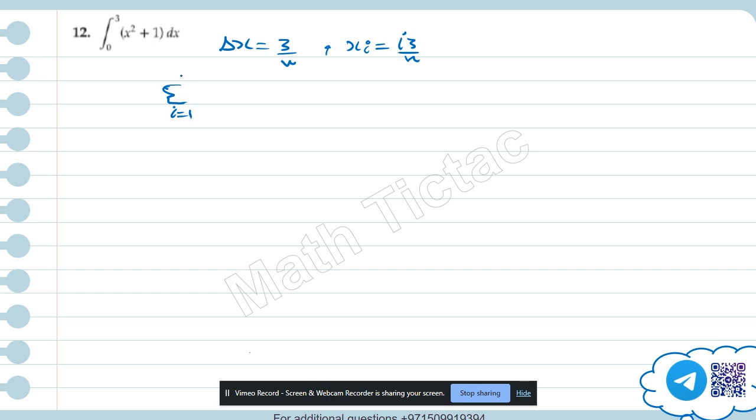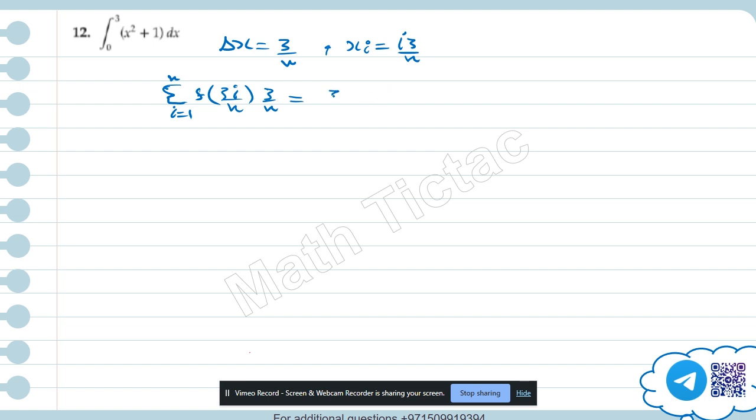Be careful, you have to be organized once you solve a question like this. So in here we can take 3 over n outside the sigma notation, i equals 1 to n. Now we can substitute 3i over n instead of each x.